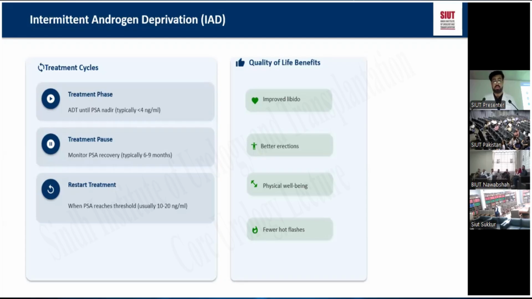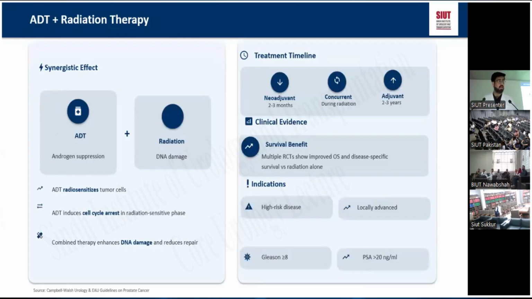There is improved libido, physical activities, well-being, and fewer hot flushes. So with complete androgen blockade, what happens is the disease becomes resistant. So it becomes hormone resistant. So with intermittent blockade, what happens is we tend to preserve the sensitivity of the organ. So it remains as sensitive as it was before.